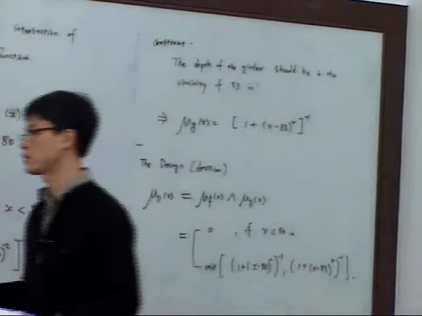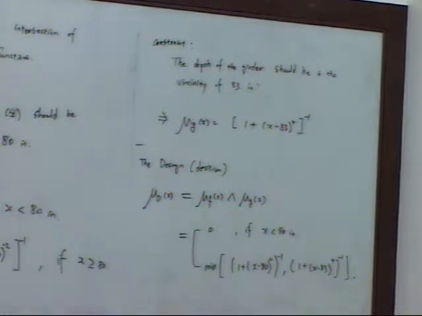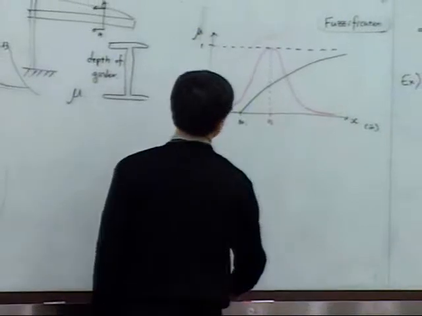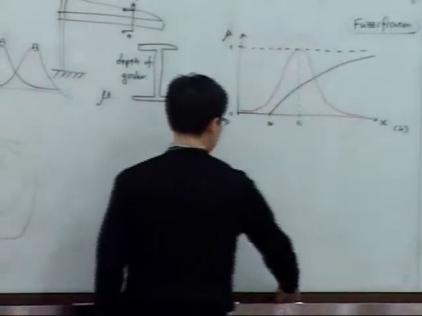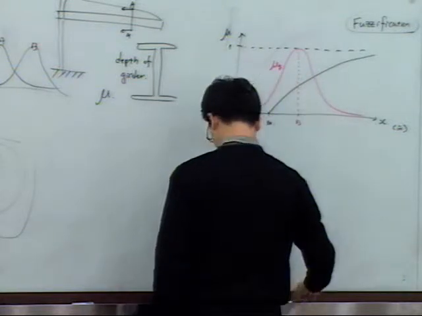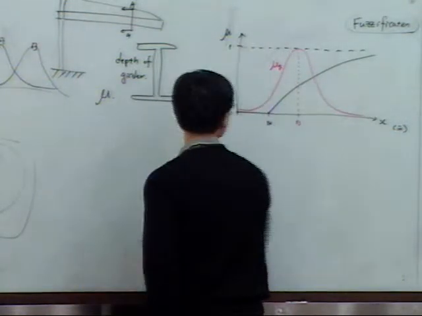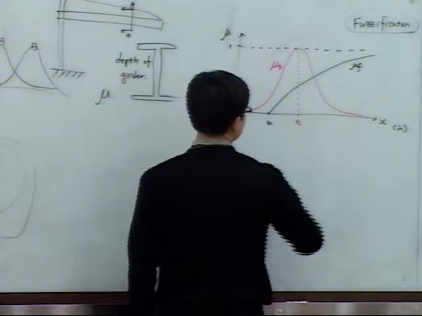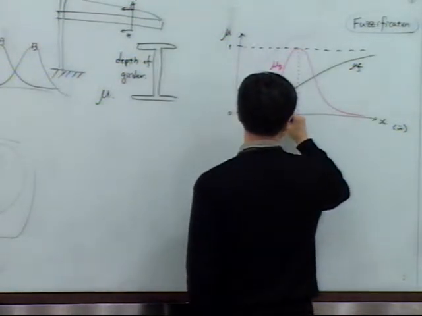Minimum of these two. So our mu sub d is the intersection.